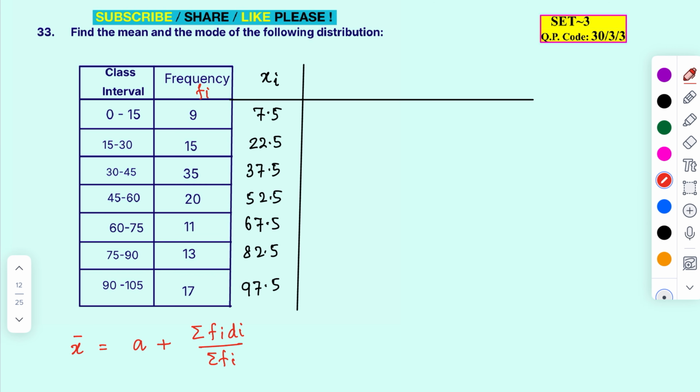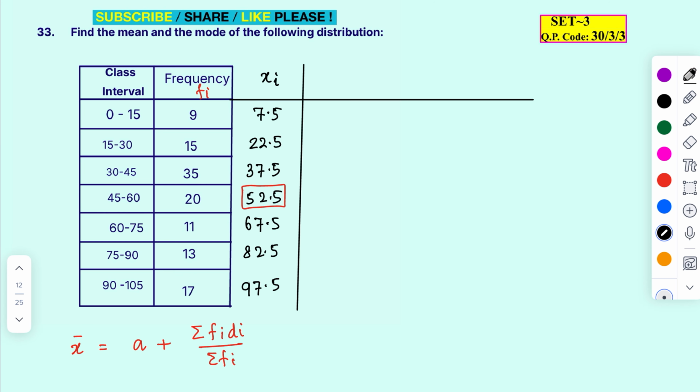Fi's are given. What is di? First we have to choose A, the assumed mean. You have to choose the assumed mean in such a way that it comes around the middle of the class intervals. Around 7 class intervals are given here. You take the middle one, so its Xi will be equal to 52.5.